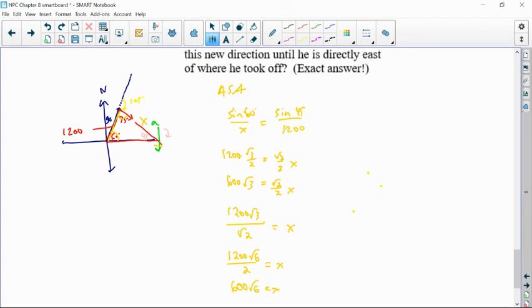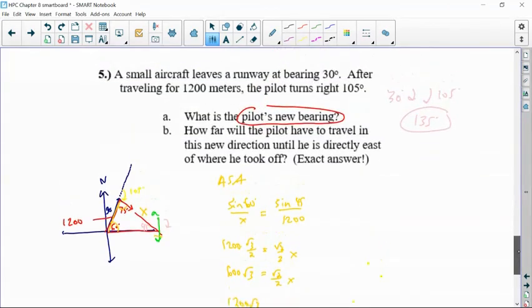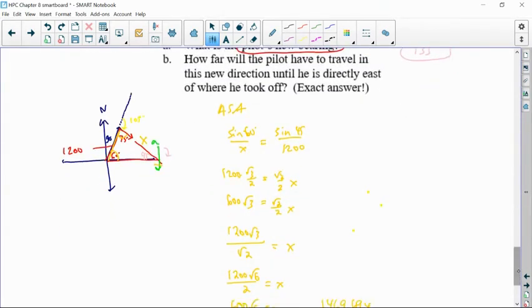Now, I did say exact answer. If you want to know approximately how far away that is, 600 root 6 is equal to 1469.694. I think we're in feet or miles? Meters. Okay, all right, very good.